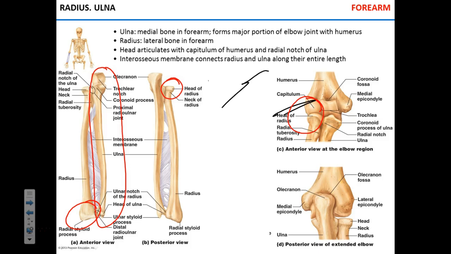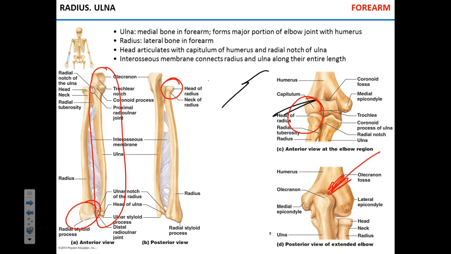They probably come from different arms. Okay, can you see that? Look, the trochlear notch articulates with the trochlea on the humerus. Now, this depression in the humerus is called the olecranon fossa.